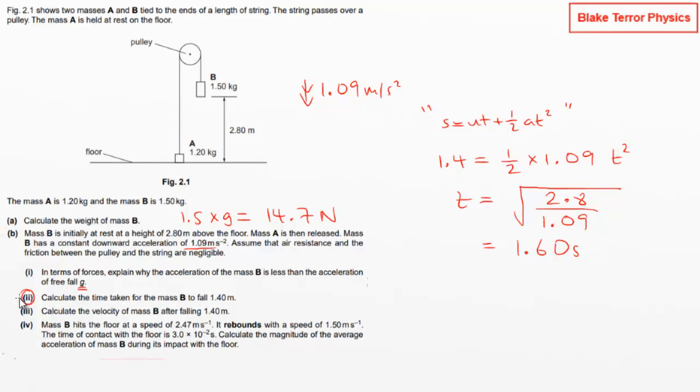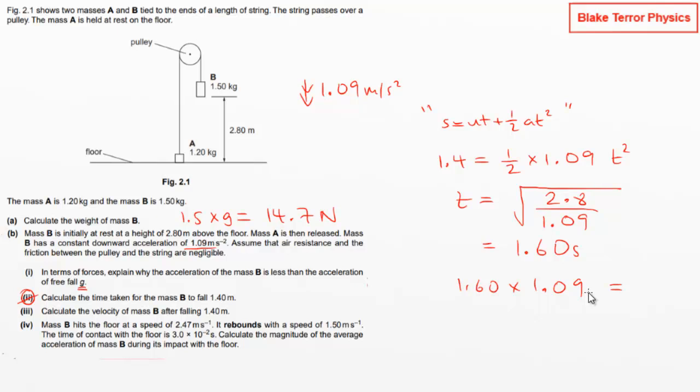Right, calculate the velocity of mass B after falling 1.4 meters. Well, the accumulation of the velocity is going to be the acceleration multiplied by the time. So it's going to be 1.60 multiplied by 1.09, because that's how long we've been accelerating for.